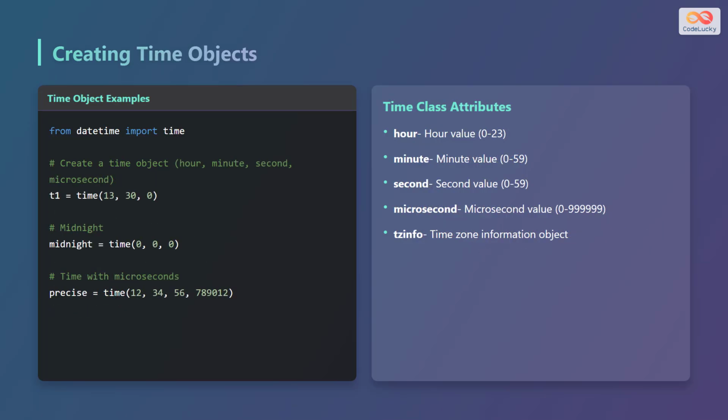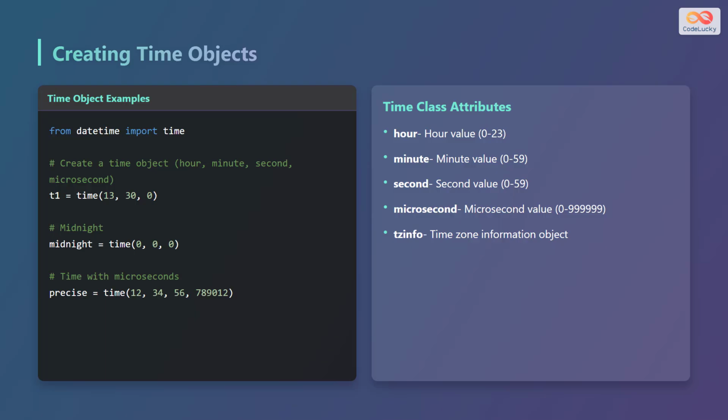Next, let's explore how to create time objects. After importing the time class from the DateTime module, you can create a time object by specifying the hour, minute, second, and microsecond. For example, to create a time object representing 1:30 p.m., you would use time(13, 30). You can also create a time object representing midnight using time(0, 0, 0). To create a precise time object including microseconds, you can specify the microsecond parameter.